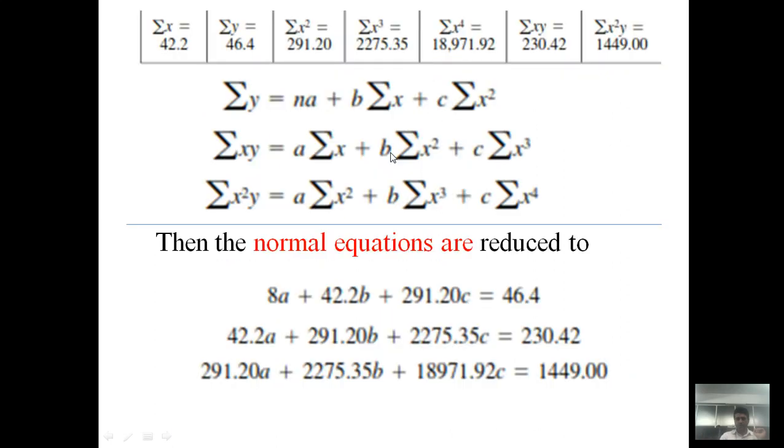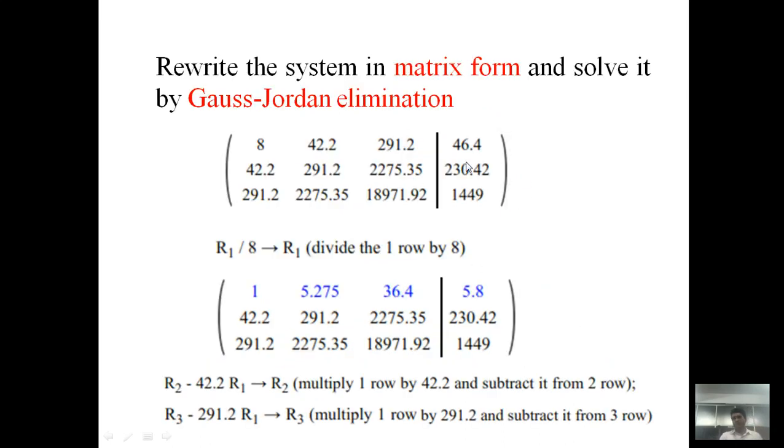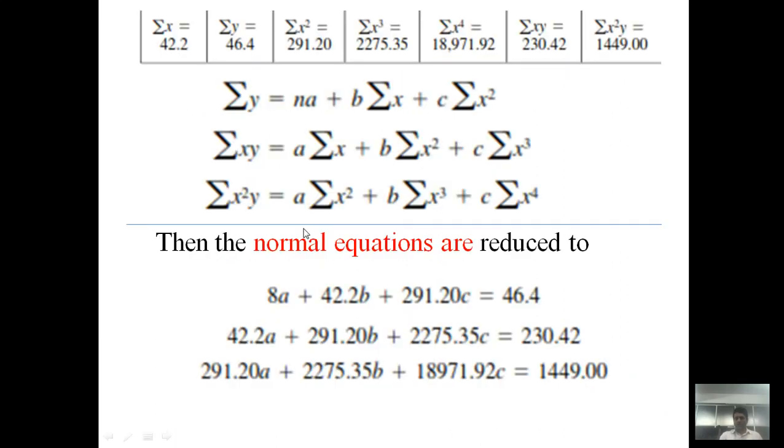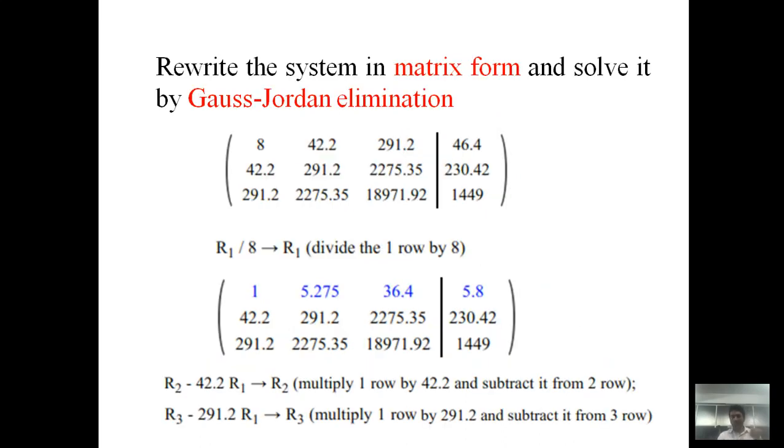A13 is 291.2. Remember A, B, C. Generally when we write down a matrix, the variables are x, y, z, or it may be x1, x2, x3. But right now A, B, C are the variables. In our original problem A, B, C are constants, but when we solve this system of linear equations, A, B, C are treated as variables.